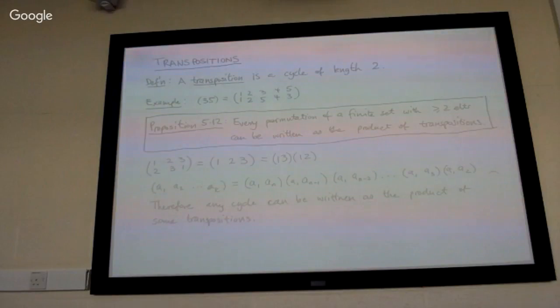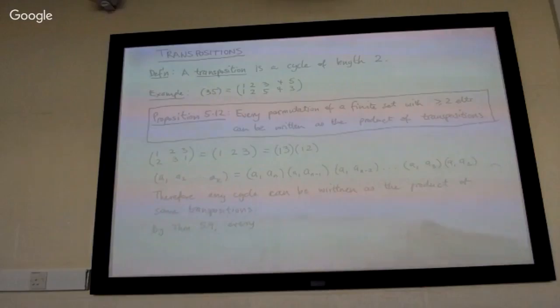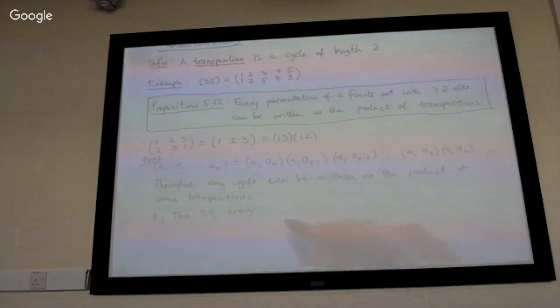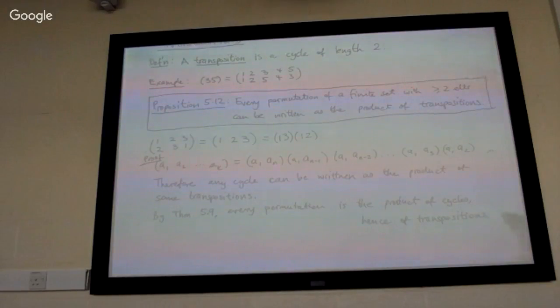And it's theorem 5.9. This is really where the proof starts, isn't it? That was just an example. But theorem 5.9, every permutation is the product of cycles and of transpositions as well. And that's the end of the proof.